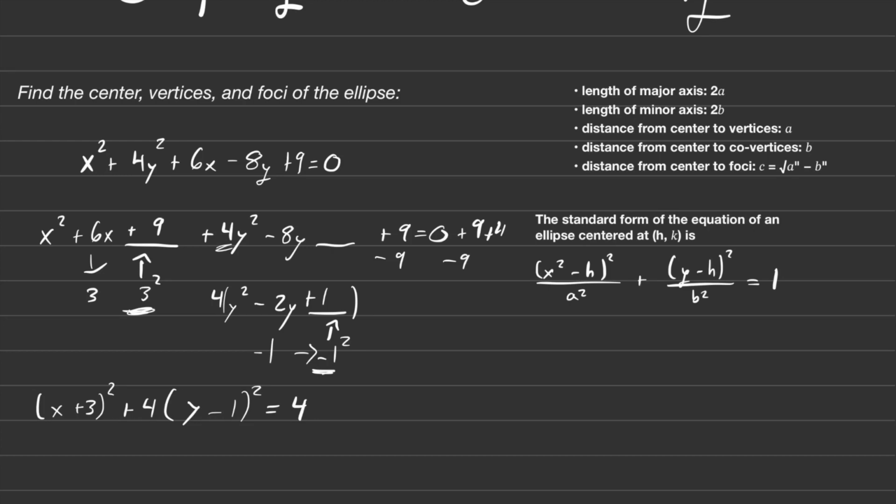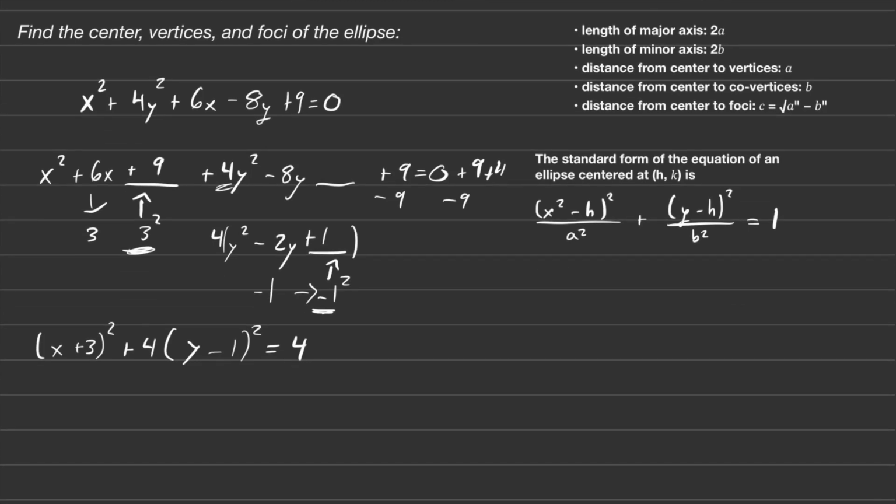Now we're almost at standard form. However, recall that this is how an ellipse should look. That's the form. So to do this, we have to divide this side by 4, this side by 4, and this by 4. So we'll end up with x plus 3 squared over 4 plus y minus 1 squared over 1.